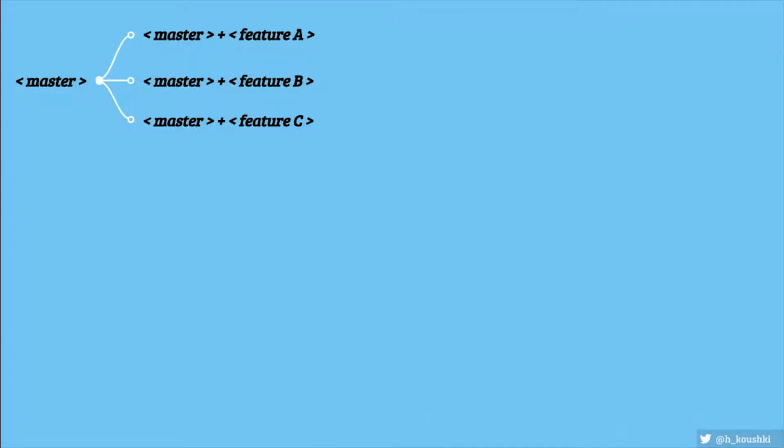The first part is master. I don't know why it is not completely shown here, but okay. Imagine you have a master branch, and you want to implement 3 features.